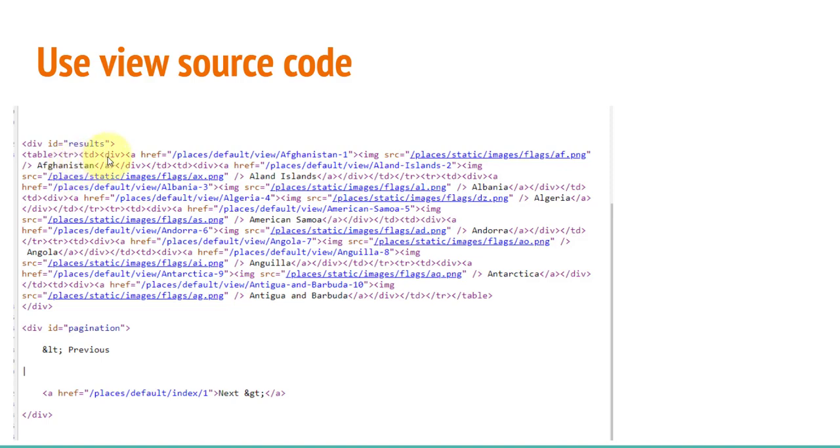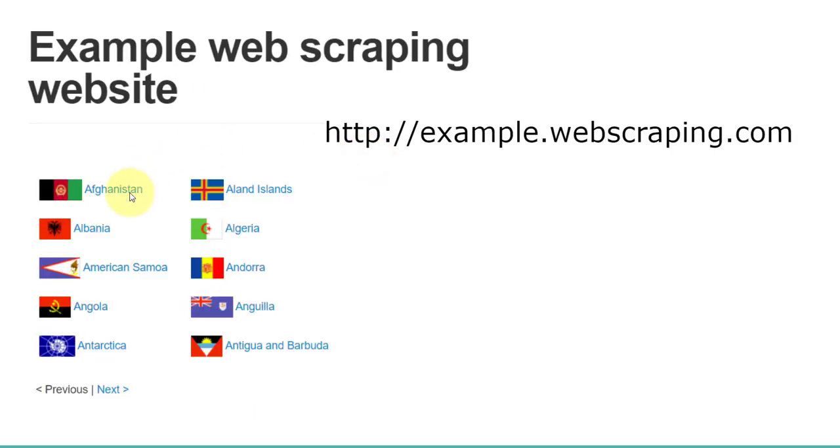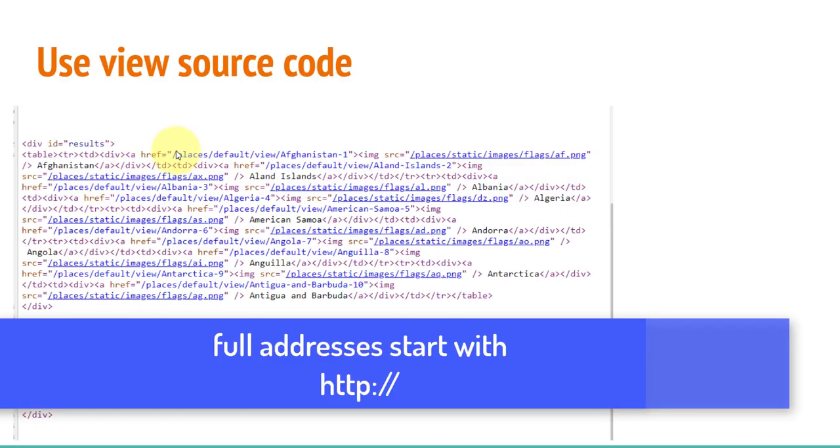For example, it starts here, table, and it's got a link for the page that we're linking to. When we click on this, that's going to take us to a different page, and that link, that address is here.